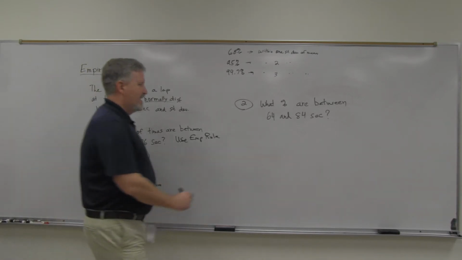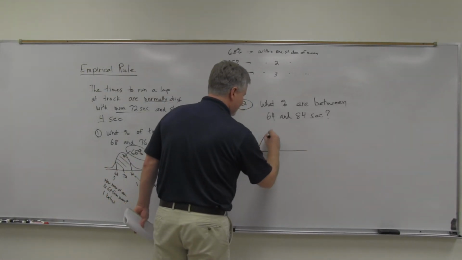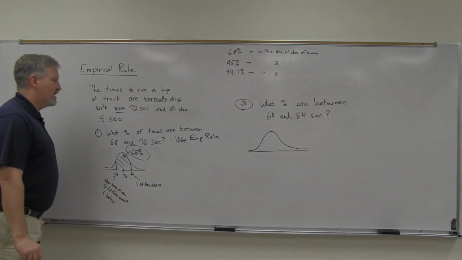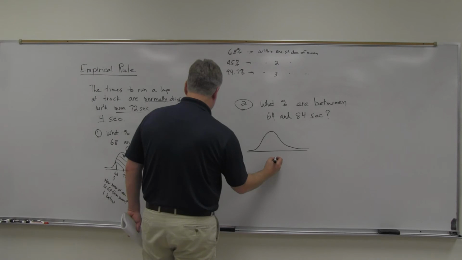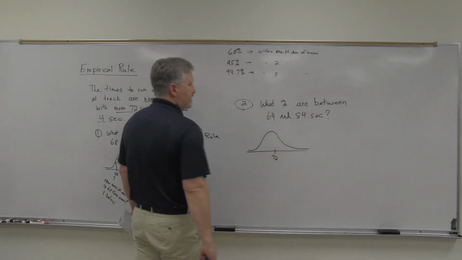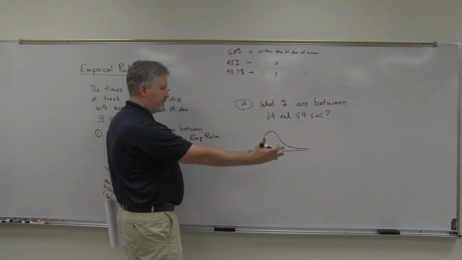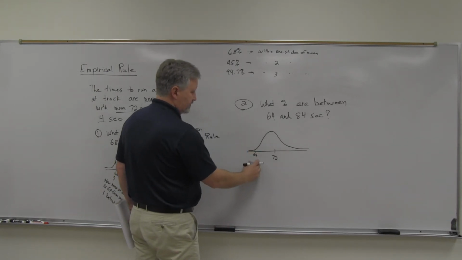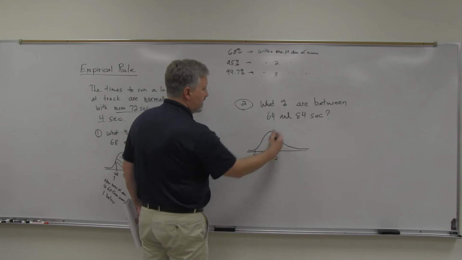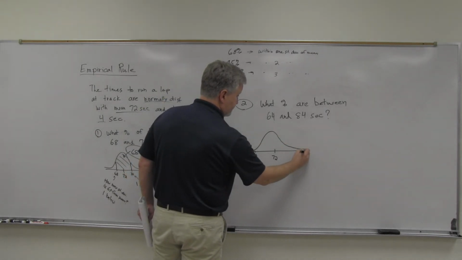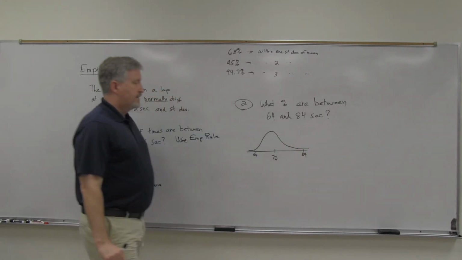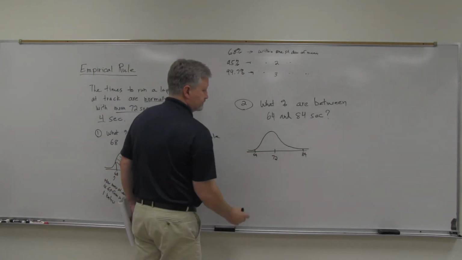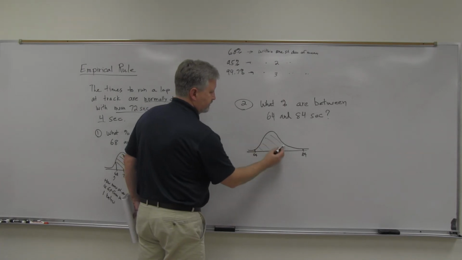Okay. Again, let's at least draw the picture here. Nothing else. Draw a nice little picture. All right, so we've still got the mean of 72. So again, we're dealing with one on the left, one on the right, because 64 would be down here. It's a pretty good ways from 72. And then 84 is above, and that's a pretty good ways out there too. So I'm talking about the percentage from here to here. That's the percentage I want.